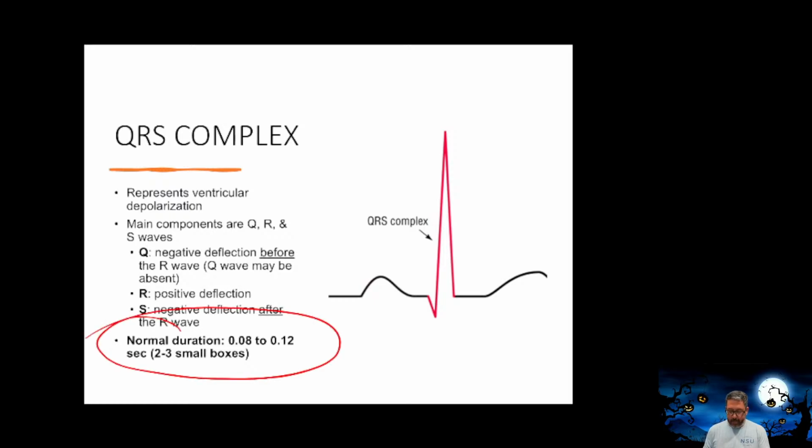QRS complex, 0.08 to 0.12 seconds, 2 to 3 small boxes. Sgarbossa's criteria, let me go to that one.